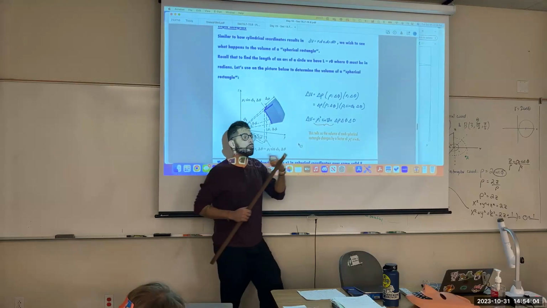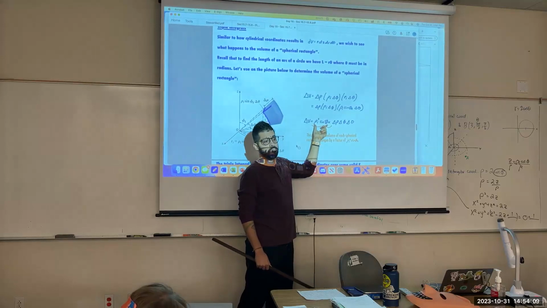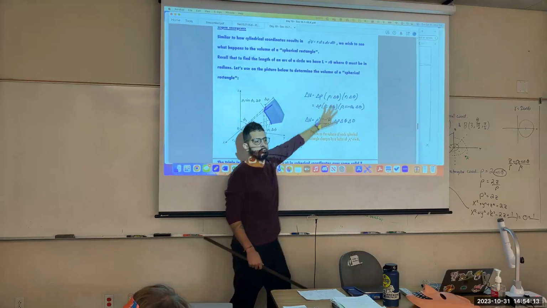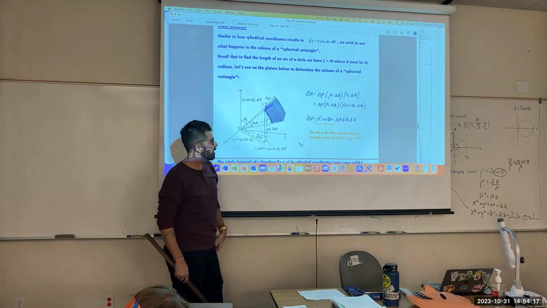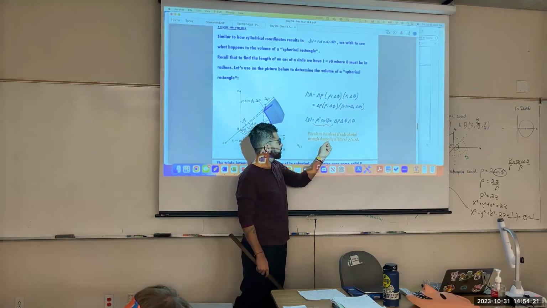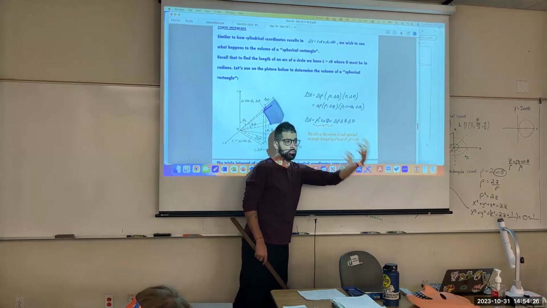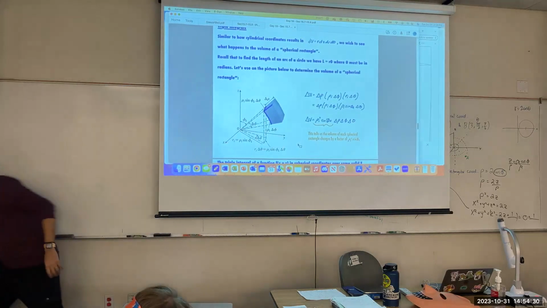When you switch to spherical coordinates, what pops out is a rho squared sine phi. The reasoning is this part here. So this tells us that the volume of each spherical rectangle changes by a factor of this. So that's the extra factor that pops out when we change to spherical coordinates.